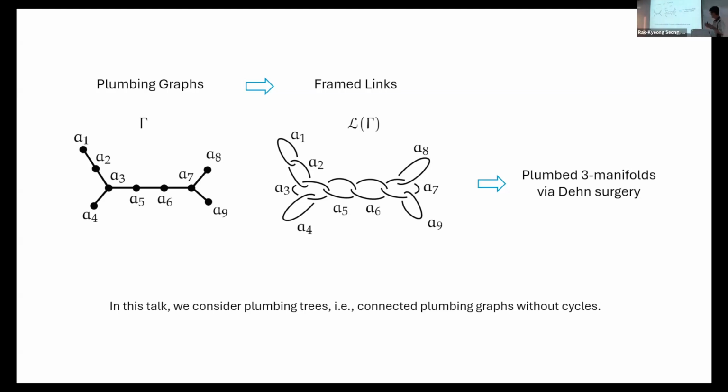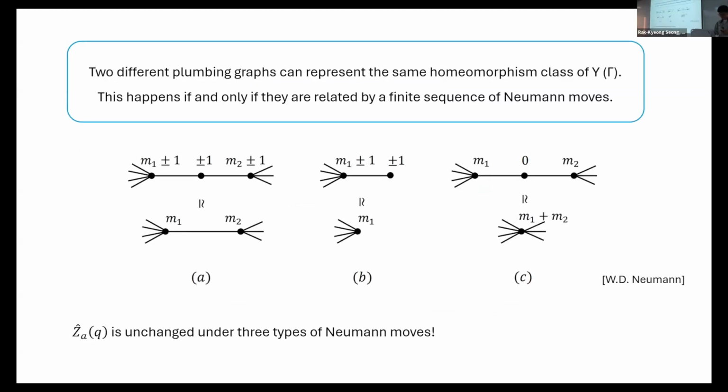In this talk, we only consider plumbing trees, which means plumbing graphs without any cycles, just for simplicity. Okay, the interesting point here is that two different plumbing graphs can represent the same three-manifold up to homeomorphism if and only if they are related by a finite sequence of Neumann moves. Here are three types of Neumann moves, corresponding to three-dimensional Kirby moves.